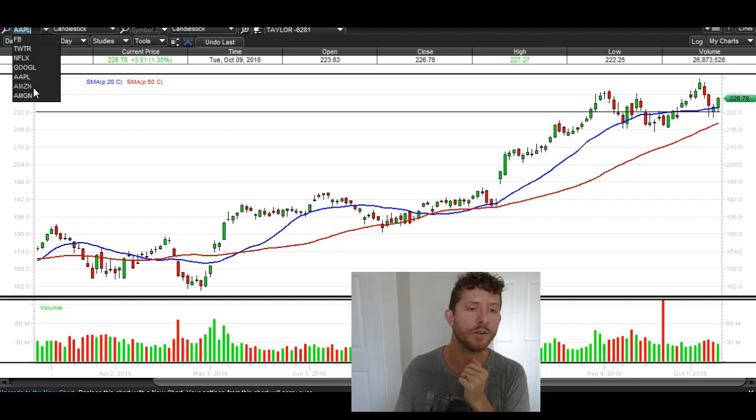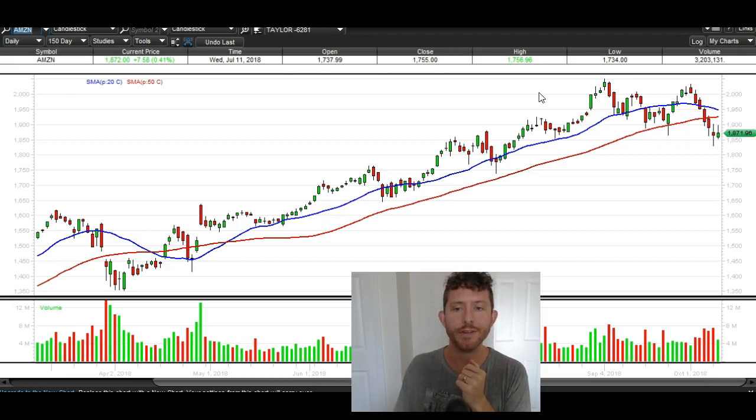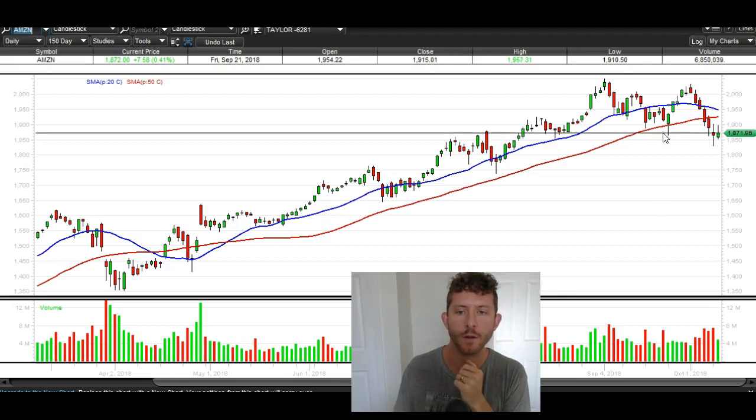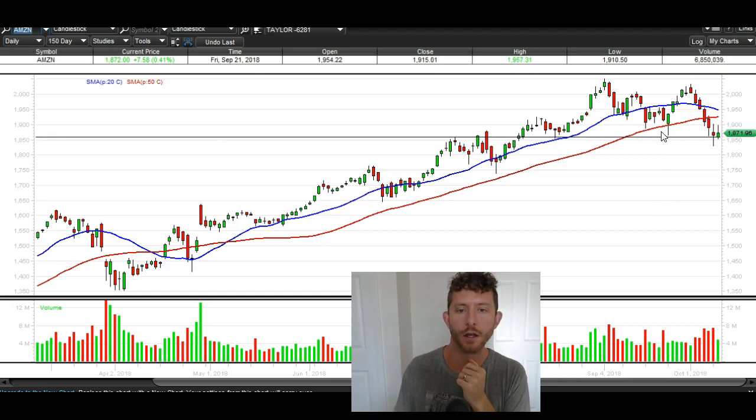The next one we're going to take a look at is Amazon. Amazon is a little bit different, but still doing okay nonetheless. So we've got some support that we bounced at right about there. You can see it was previous resistance there, turned into support there, turned into support right there.